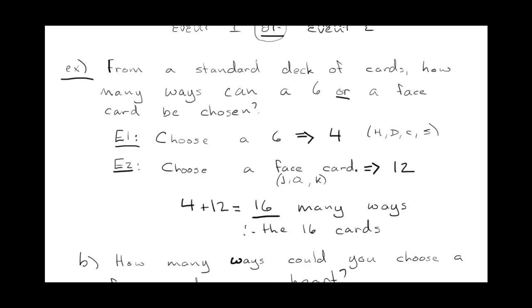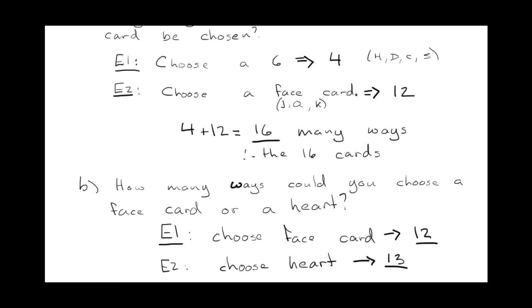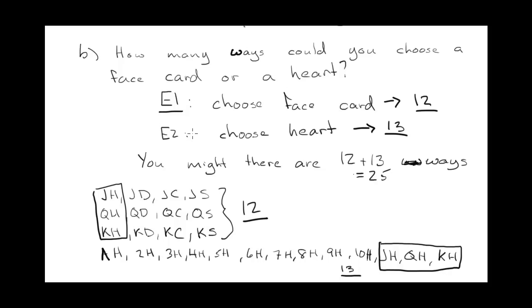No, it's not wrong. And the reason it's not wrong is this condition we had on mutual exclusive. In our second example, part B, these events are not mutually exclusive.